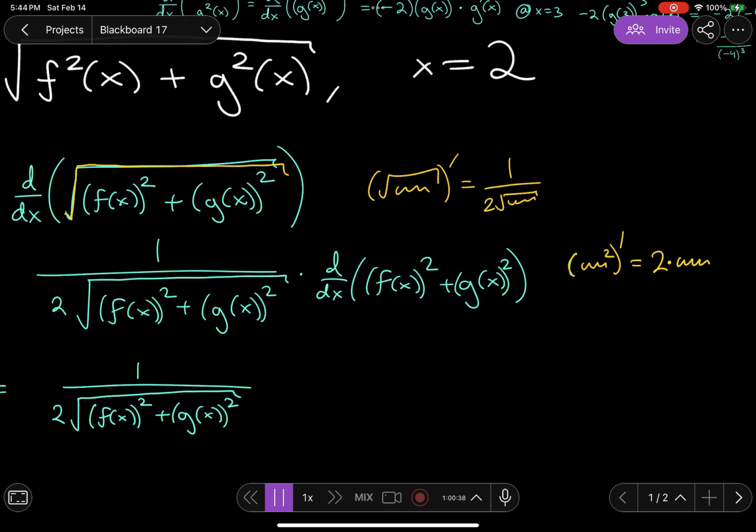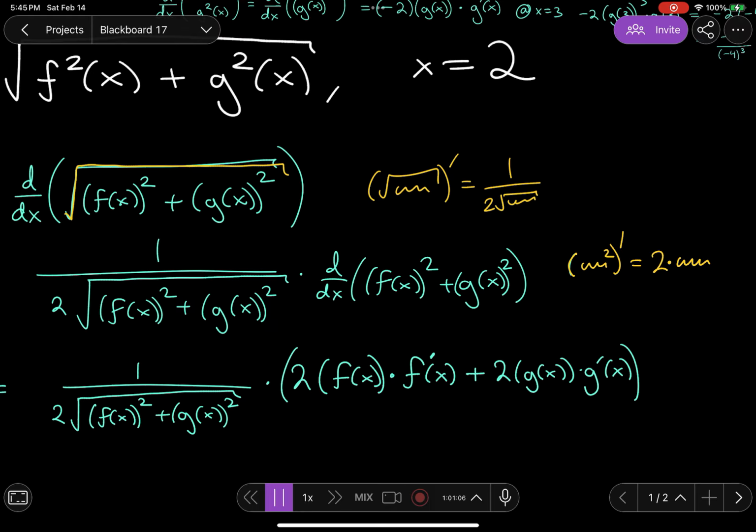In this case, what I have is 2 times f of x. But then what I need to do is follow the chain rule. I have f of x inside of another function, which means I need to immediately multiply by the derivative of the inside function, which is f prime of x. Same story on this other guy. This is going to be 2 times g of x times g prime of x. Again, that's the chain rule and the power rule for the natural numbers.